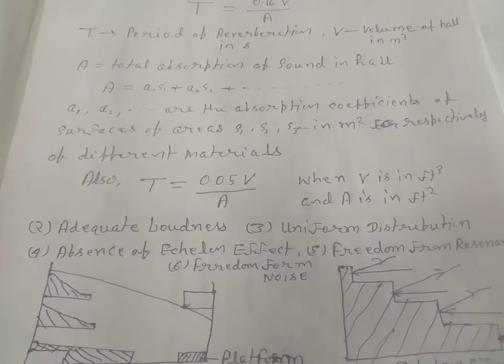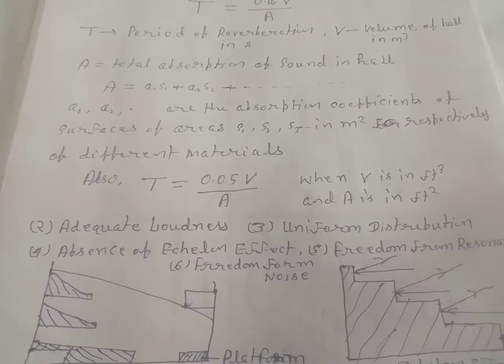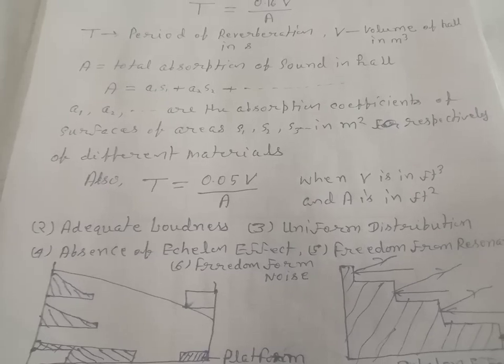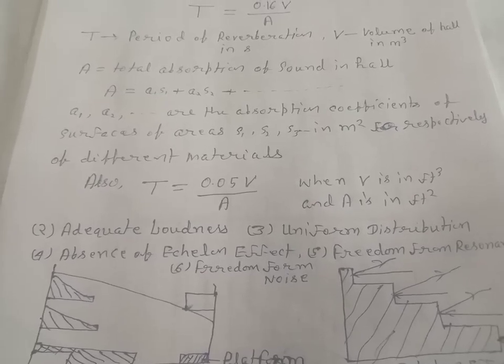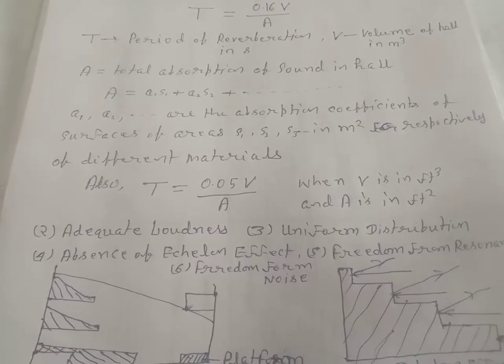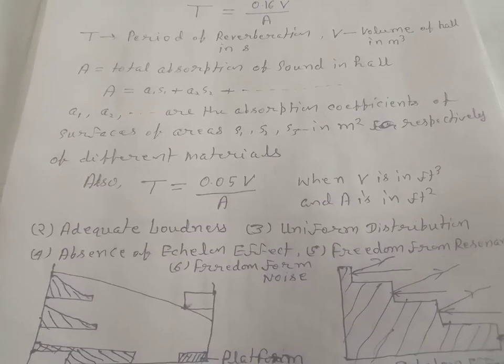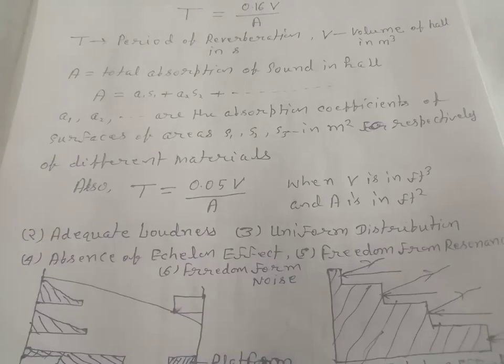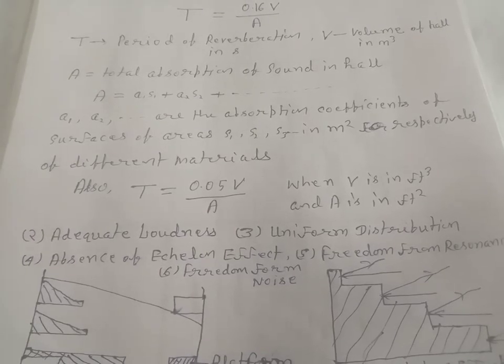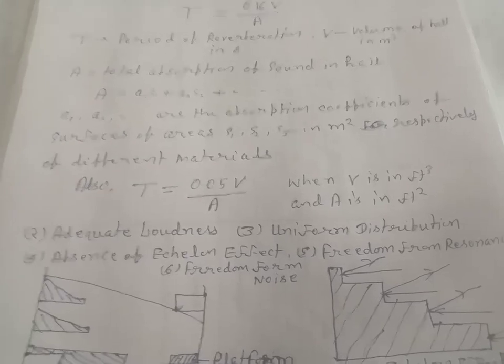Heavy curtains are hung. The walls and ceilings are lined with absorbent materials such as felt, cellotex, fiberboard, glass wool, rock wool, mineral wool, etc. Acoustic tiles may be used.